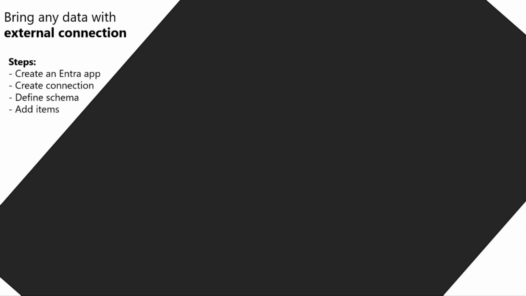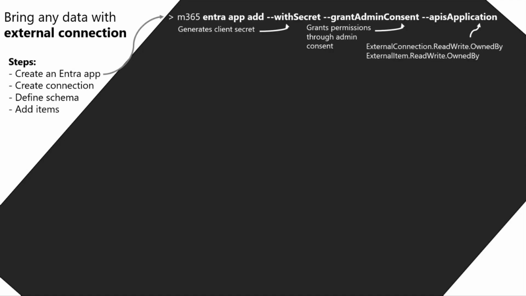There are 4 basic steps when working with external connections. The first step is to create an Entra ID application with limited permissions, so the application can only manage external connection and external items. The CLI has command entra app add with several options.